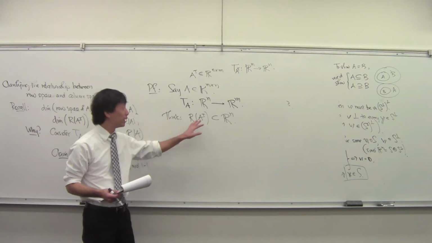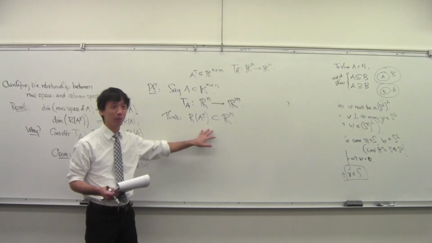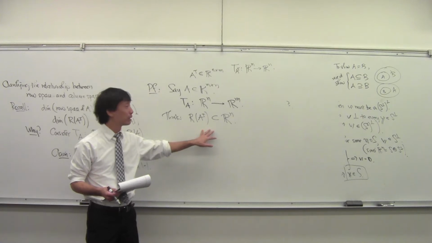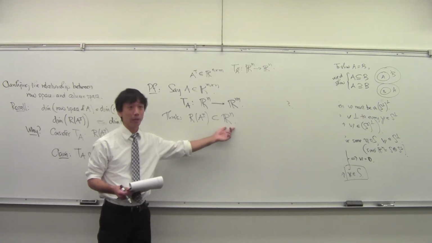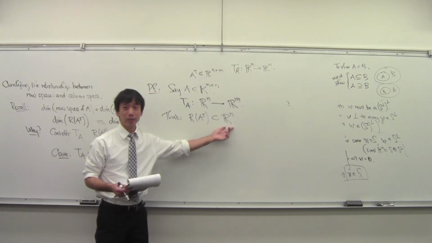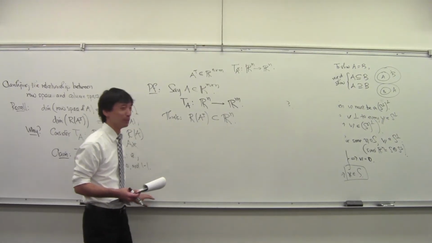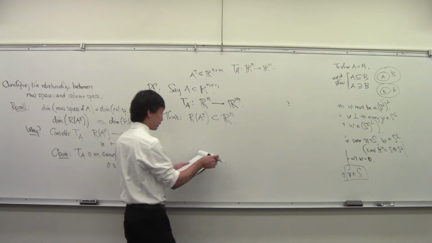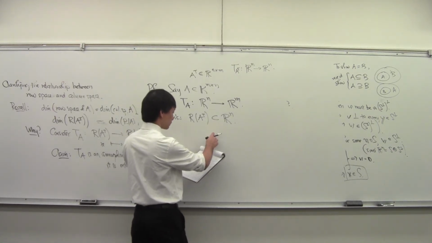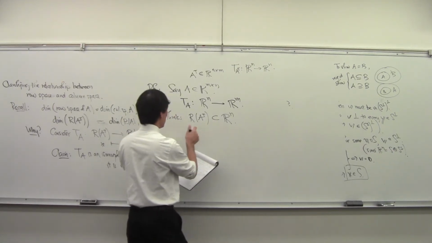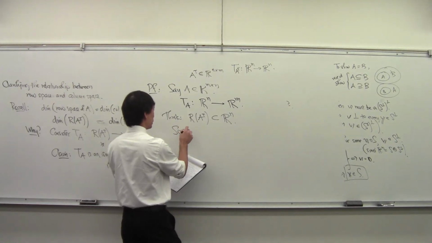Everybody okay? We haven't said anything deep at all so far. The range of A transpose is in Rn. Fewer people are nodding. I hope that doesn't mean anything. Okay. So take a direct sum.